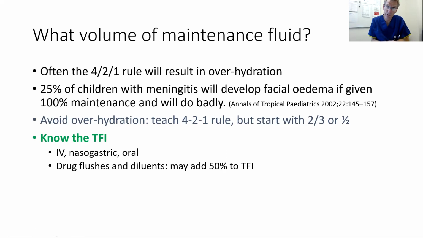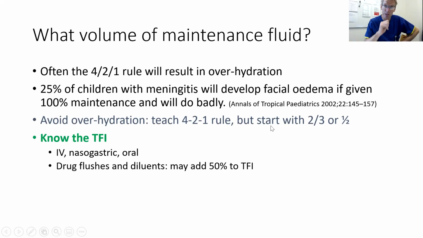Well, often if you give the 4-2-1 rule, you'll overhydrate patients who've got high ADH levels. So I actually think that you should start with the 4-2-1 rule. We should teach our residents and our nurses the 4-2-1 rule, but you start with that and then start the fluid going as 2/3 or even half the maintenance.